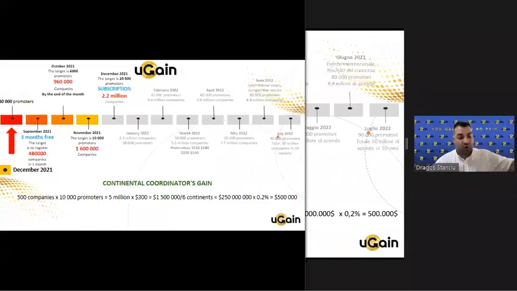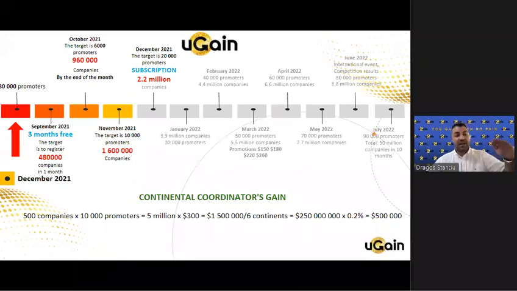Remember those 500 companies that we talked about in the beginning? Each promoter sets themselves a goal of registering 500 companies. So imagine that each of the 10,000 promoters registers 500 companies, it equals 5 million companies in the ecosystem.